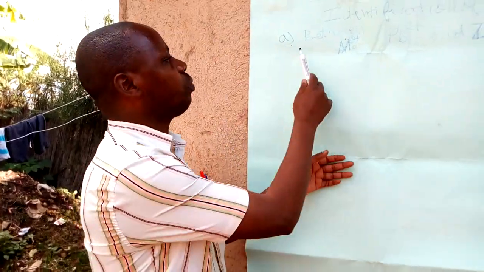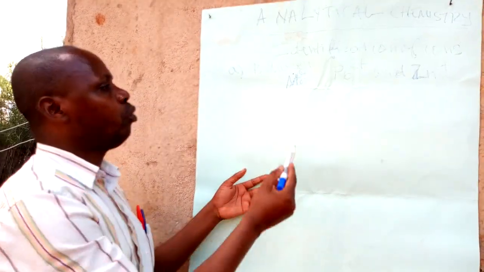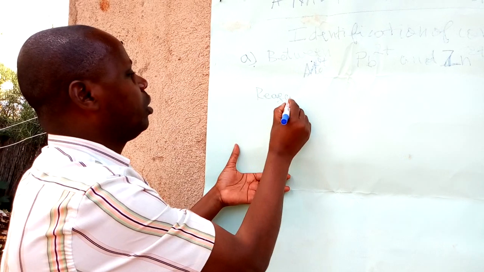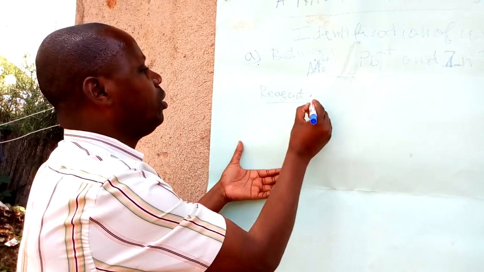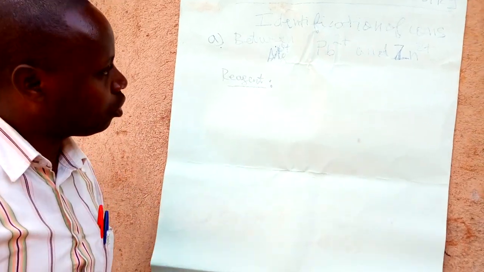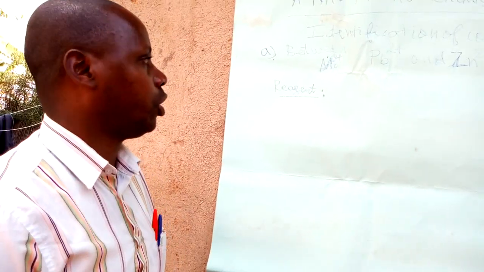But on this point, first of all, we are going to see the reagent. The reagent should give an observable change for some ions, but others are not giving the observable change.